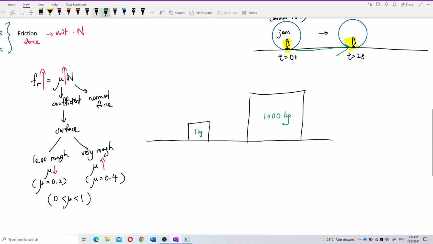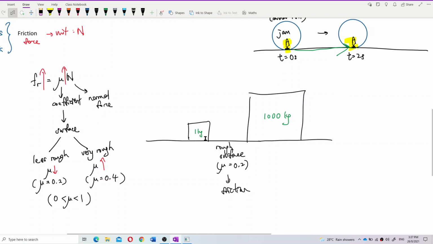And this floor is a rough surface with a certain value of mu, maybe 0.2. So we know that it will bring friction to both the 1 kilogram and the 1,000 kilogram object.